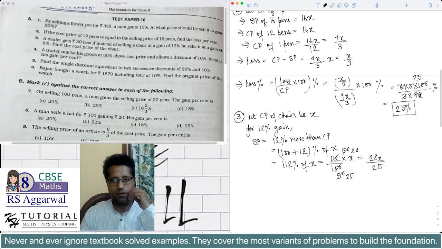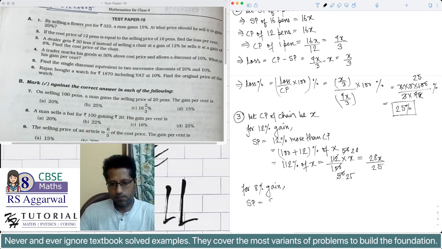Now let's see what is the selling price if there is a gain of 8%. So for 8% gain, the selling price will be equal to 8% more than cost price. This is equal to 100 plus 8% of cost price, which is x.